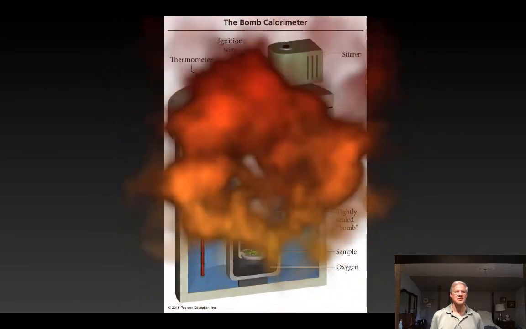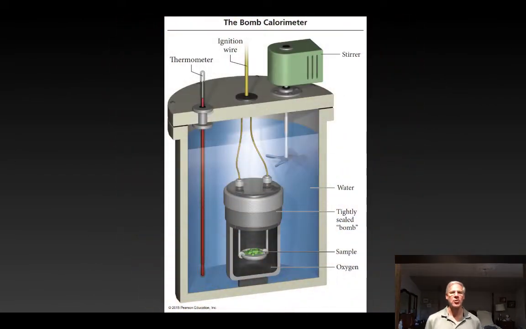And here's just a simple picture of a bomb calorimeter. We see some of its various parts and pieces there. We have our bomb, which is this large stainless steel vessel here. The walls of the bomb are generally very thick, a centimeter and a half thick of stainless steel.